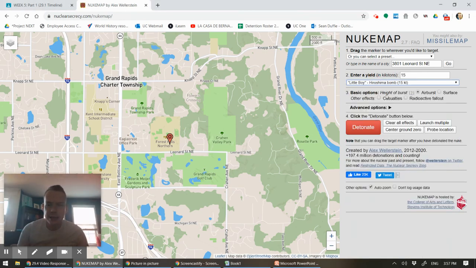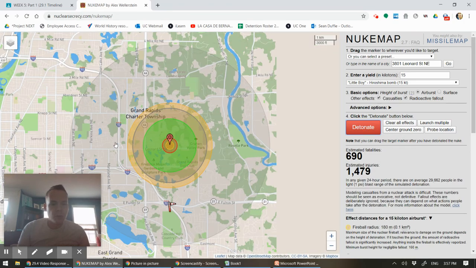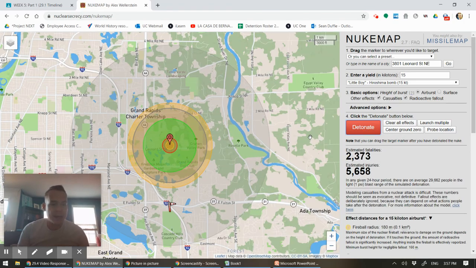We're going to select casualties and radioactive fallout to show the impact. And we're going to have it be an airburst because the bomb was detonated in the air above the city. Let's hit detonate. So we can use this map to understand the actual impact of the bomb in different places.